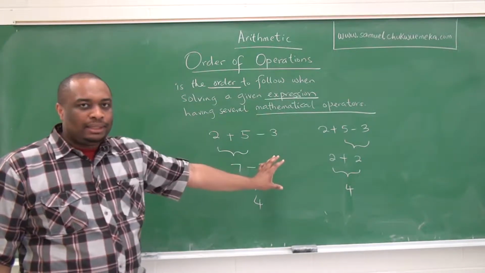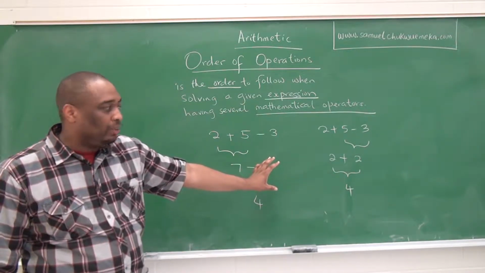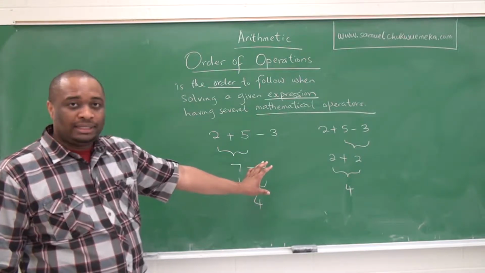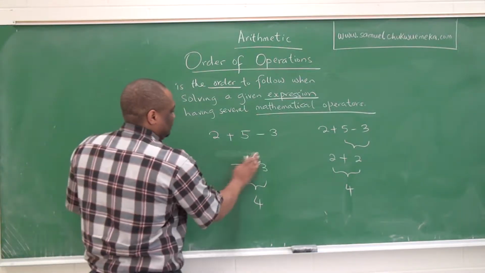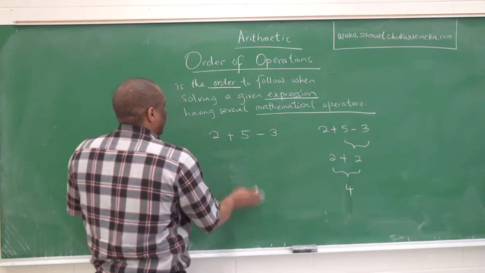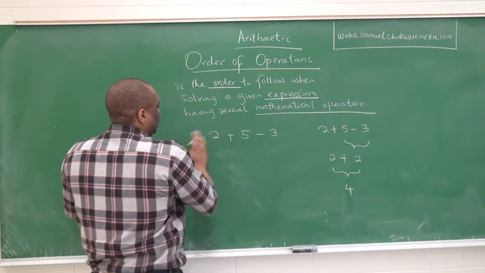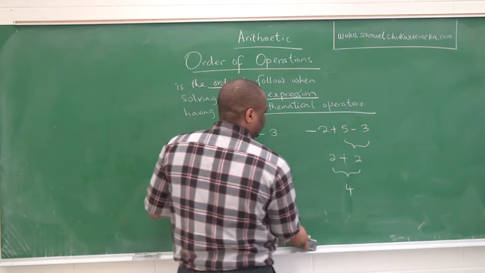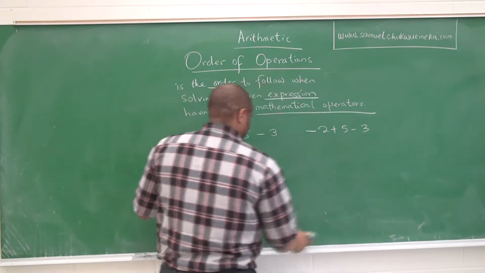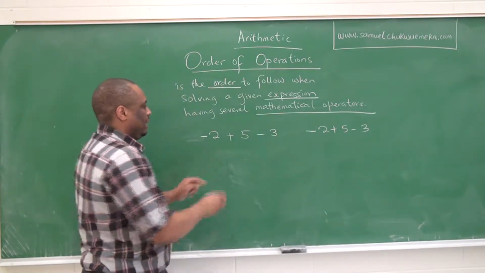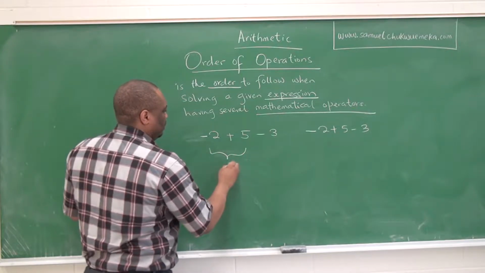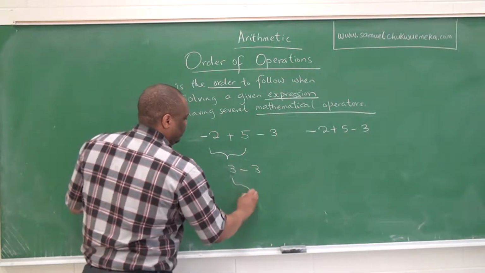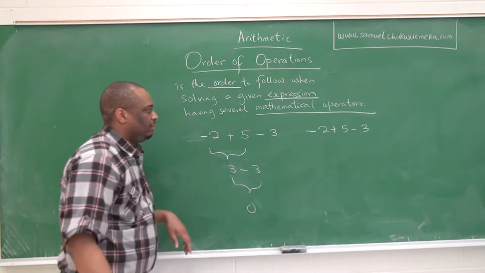But you won't be so lucky like this all the time. What if you had maybe negative 2 plus 5, negative 2 plus 5? If you had something like this, then if you do this one now, this will be 3 minus 3, which is 0.